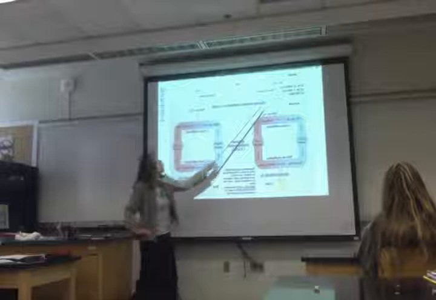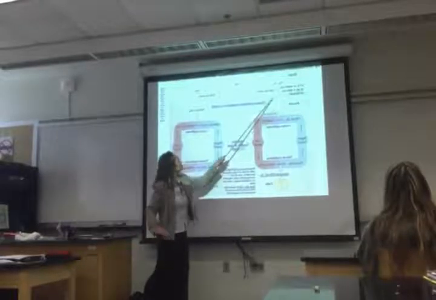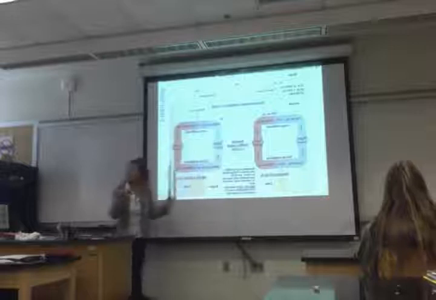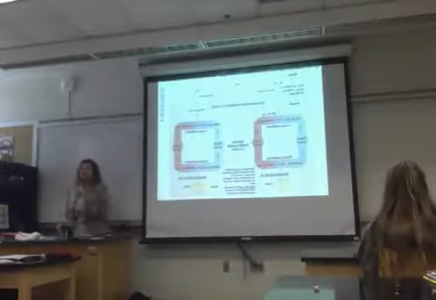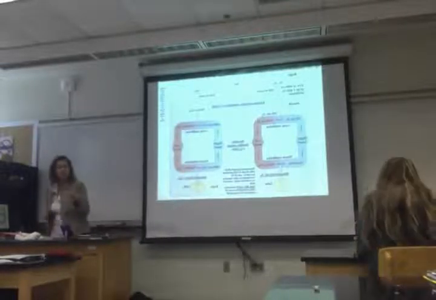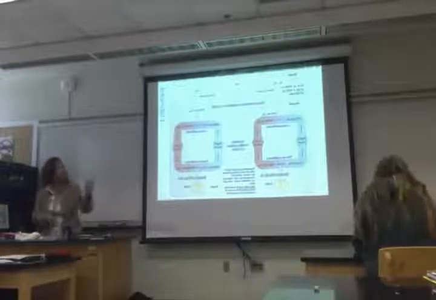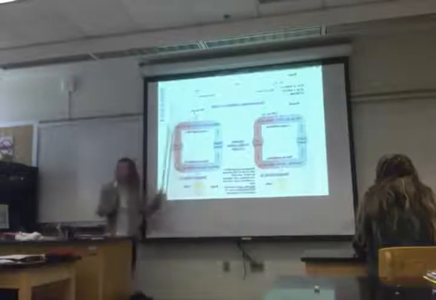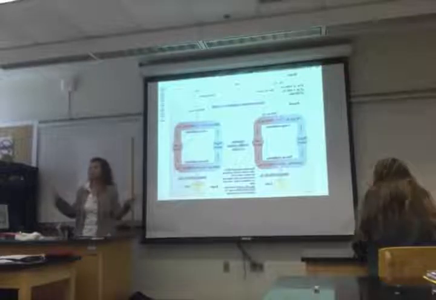Let's start over here. Alveolus, air moving in and out, and now, because we're going to exchange gases, we have to focus on oxygen and carbon dioxide. Over here, we're going to look at oxygen. Over here, carbon dioxide. We're going to keep them separate for now.